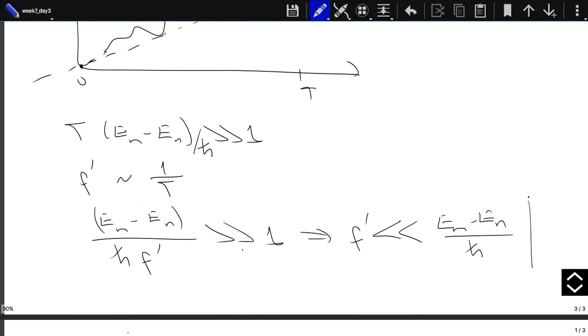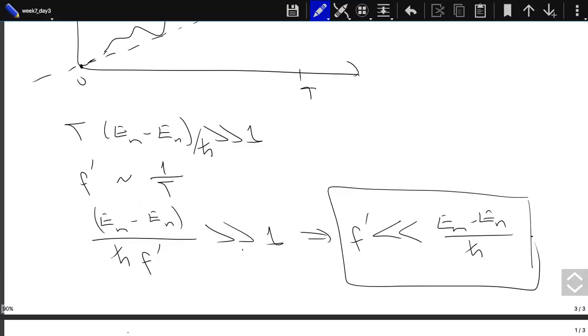Now, this is basically the condition that we had also derived previously in our particular example. You see, em minus en over h bar is a time scale related with our problem. It's the oscillation frequency of my wave. And f prime is the changing inverse time, the inverse of the time over which f changes significantly. So we basically have two time scales.